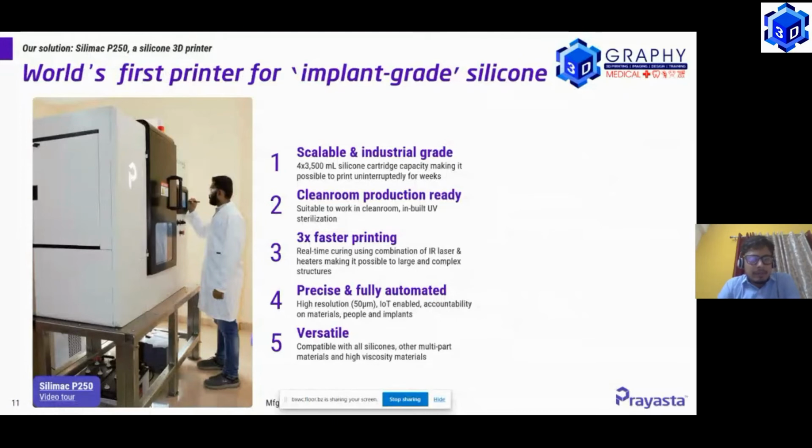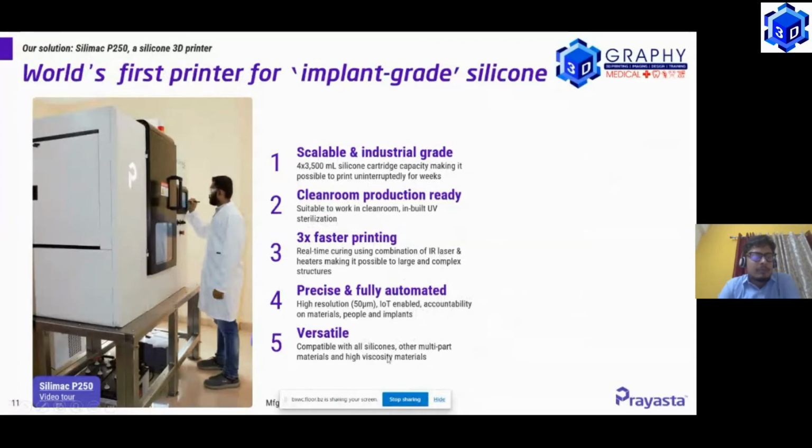And then, a completely clean room ready machine, having inbuilt UV sterilization, suitable to work in a clean room, and 3x faster printing, which comes from our unique curing mechanisms using IR lasers, heaters, and all that. So we can cure silicone as soon as it is dispensed. And of course, when it comes to precision, automation or versatility of material, we are no less than anybody.